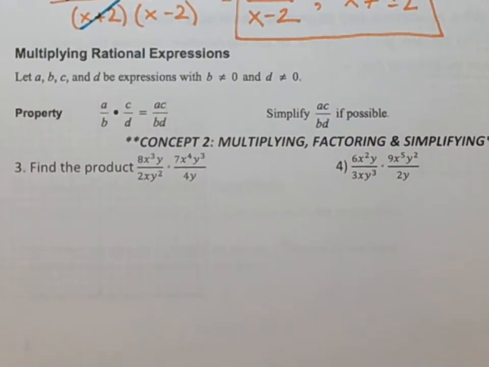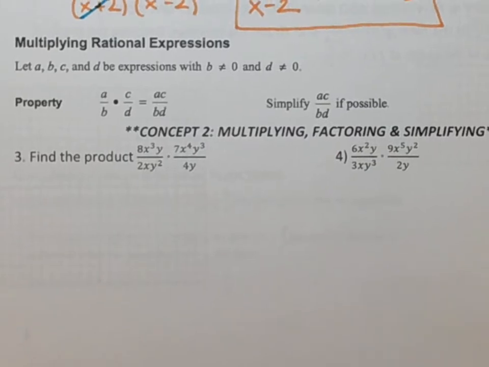Multiplying rational expressions. We are multiplying fractions, just with polynomials. And what you can do when you multiply is multiply across and then look to simplify. But there isn't really a shortcut. And what we can do with multiplication is cross cancel. I just try to cross cancel as much as possible.